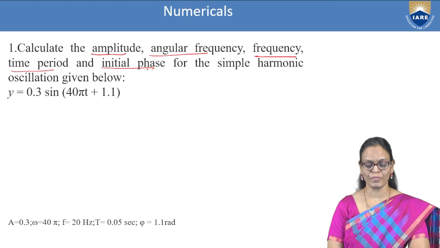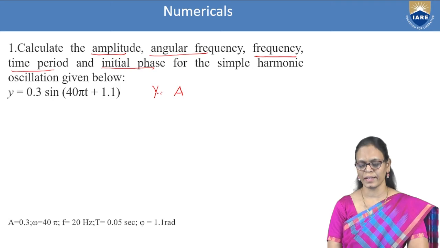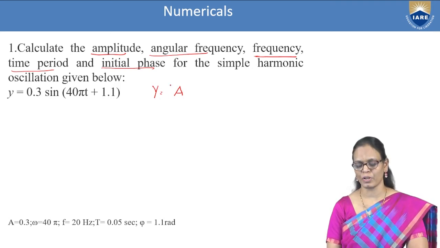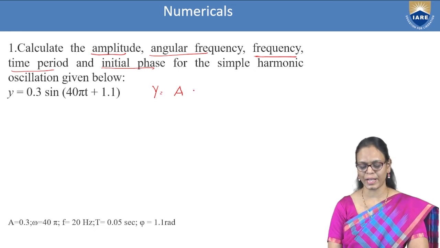So for that, we will try to write the general expression or the formula for y. The displacement of the particle in simple harmonic oscillation is given by y is equal to a sine(omega t plus phi).